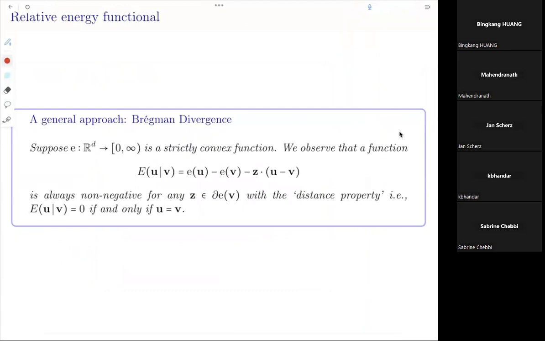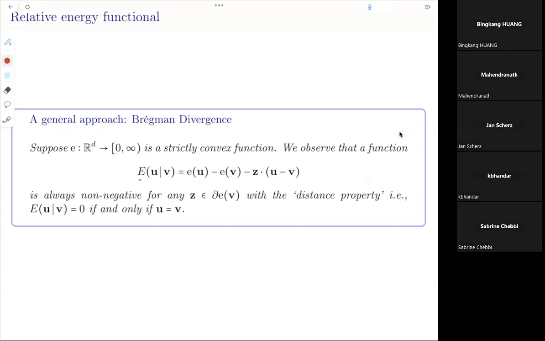To give an overview of the relative energy functional, it relates to the Bregman divergence, which is based on the very basic fact of a strictly convex function. So you have a strictly convex function E, and you then define this quantity, which is basically the first-order Taylor expansion, you can think.